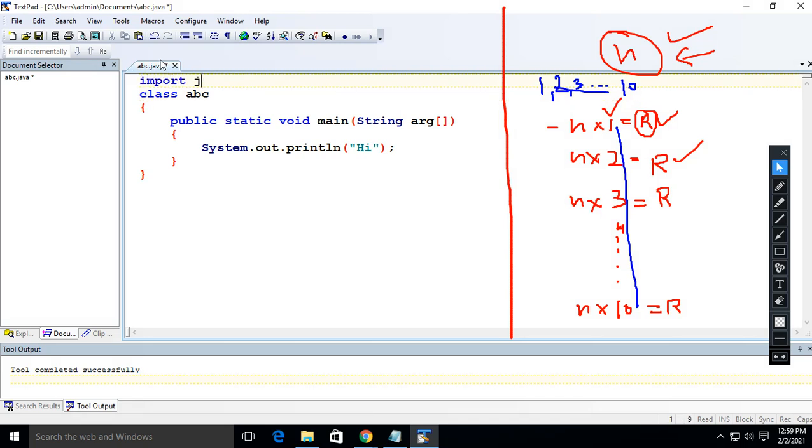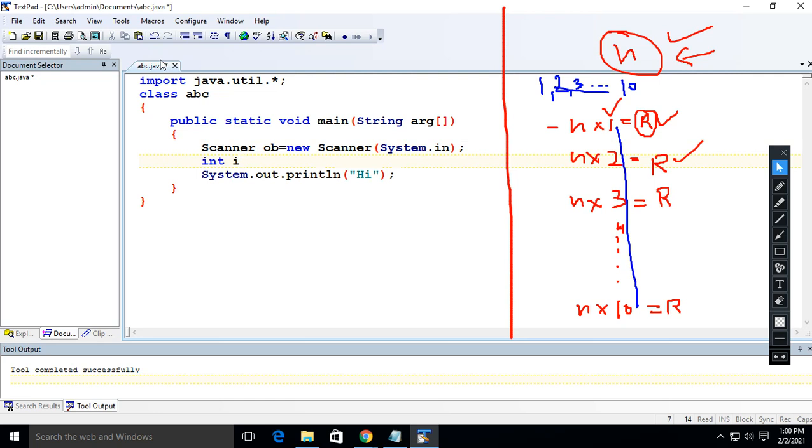First of all we will write java.util. We will add this package. After that, Scanner ob equals new Scanner(System.in). Side by side I am writing the program also.